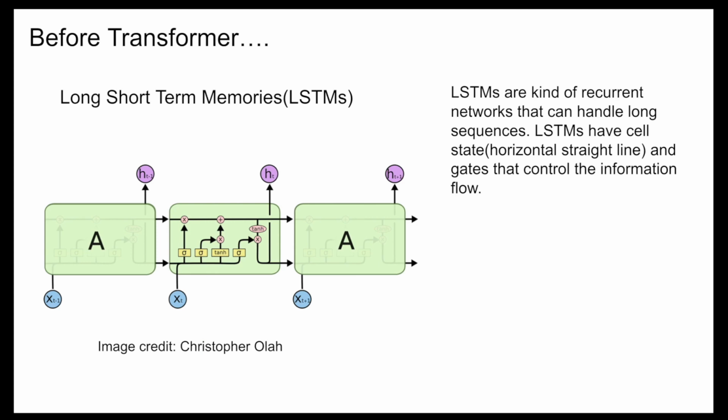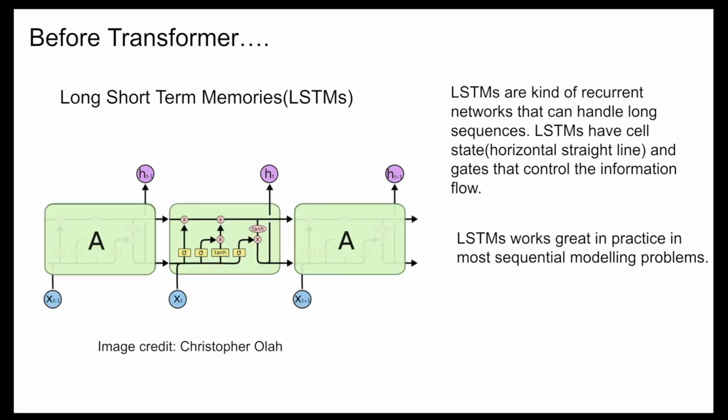LSTMs or long short-term memories are a version of recurrent network that can handle long-term sequences. LSTMs have a steady state, the horizontal line that we are seeing on this image, and gates that control the information flow. We are not going into details of every architecture, but LSTMs are one of the most used recurrent networks, especially in sequence modeling.